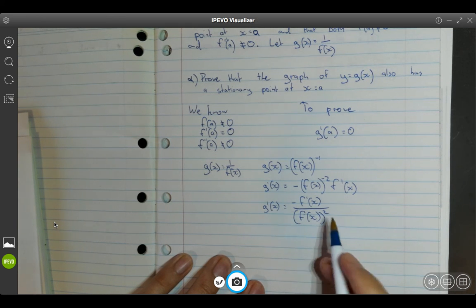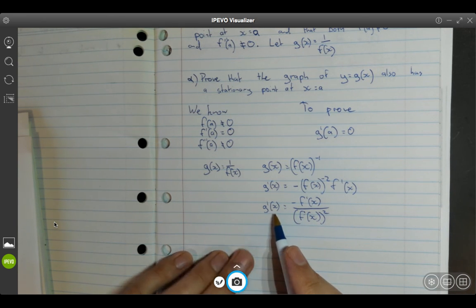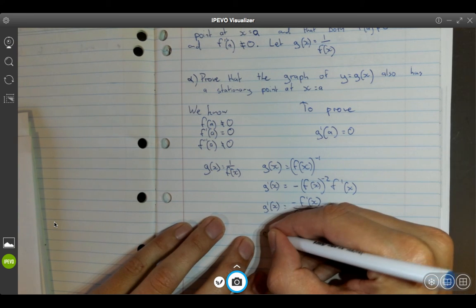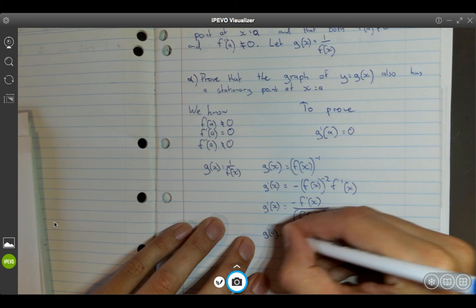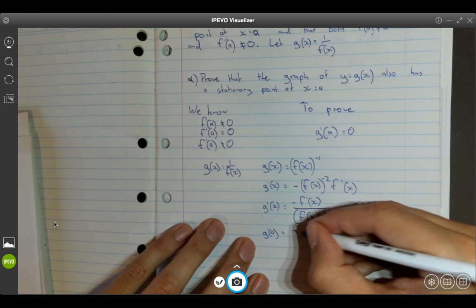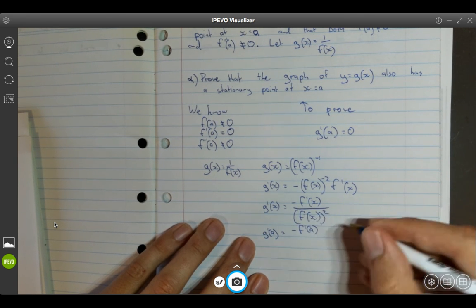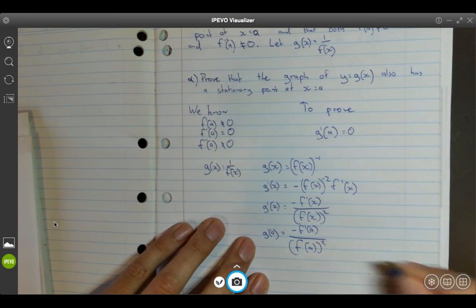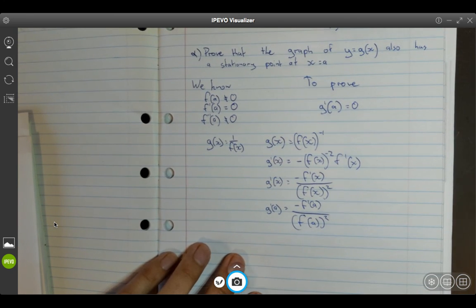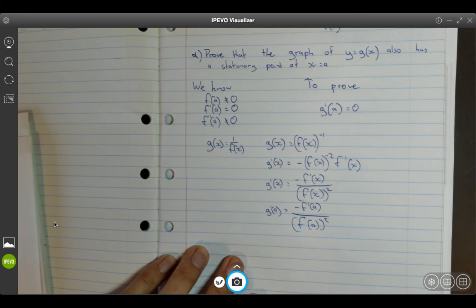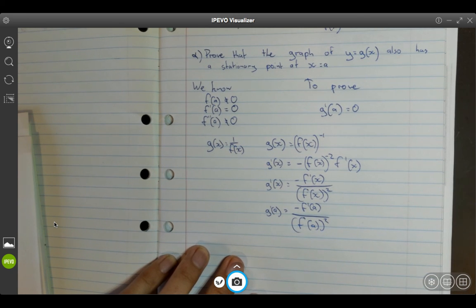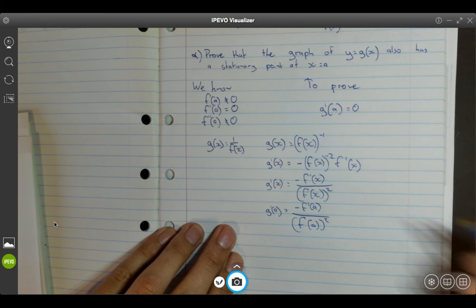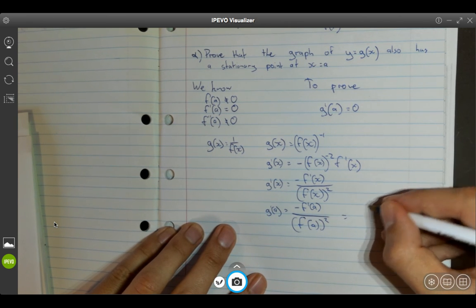So let's sub in our a's to see what's happening to our derivative at a. So g prime of a equals minus f prime of a all over f of a squared. So what do we know? We know that f prime of a must equal 0, so that's going to be 0.